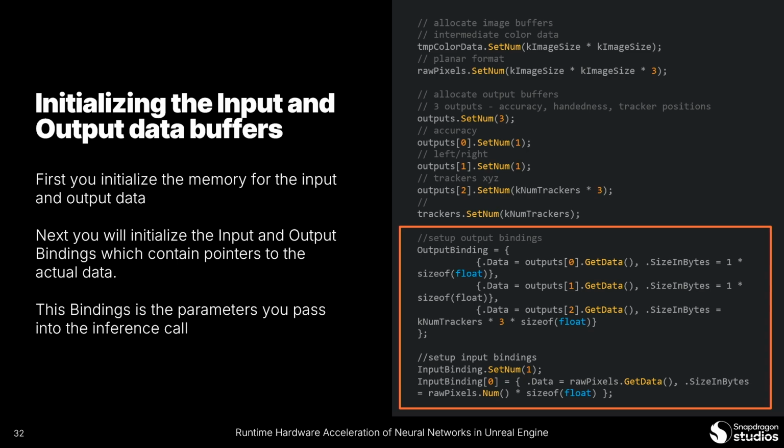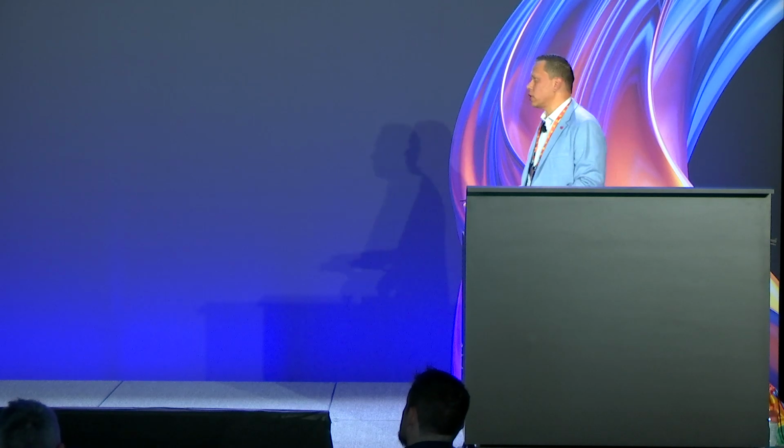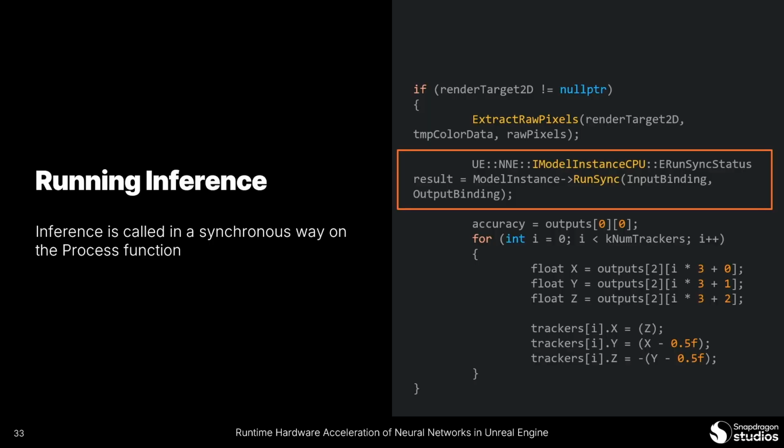And that is the initialization. Next is how I use it. In the process function, I just call RunSync, passing the input binding and the output binding, then I parse the output and make some manipulation for visualization, and that's it. That is all we need to do to run inference there.